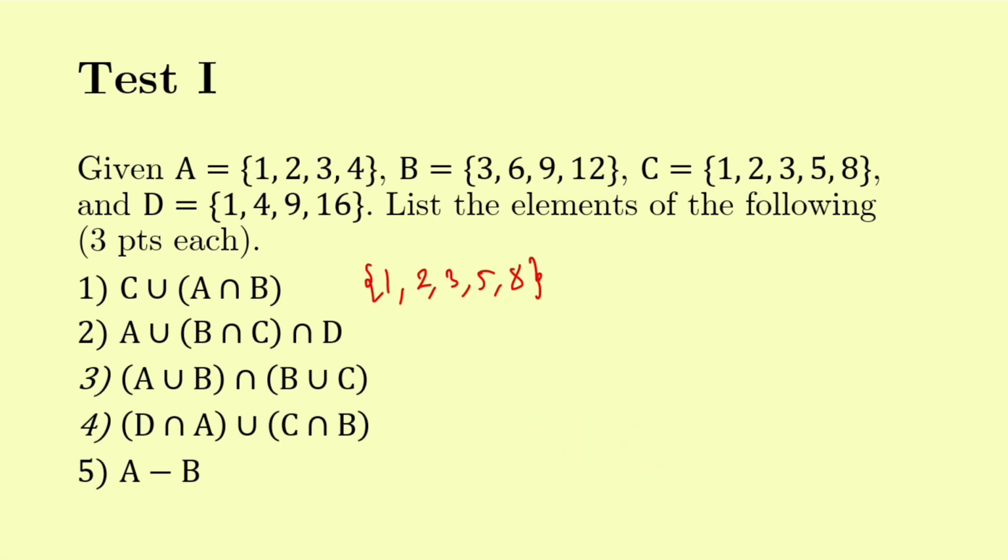Next, A union quantity B intersection C intersection D. Now here, we have 3 major operations sa labas. No? So the flow here is to first operate the 2 sets inside the parenthesis, and then outside, meron pang union and intersection ulit. Now, in some references, they say that the intersection is the first to be operated.